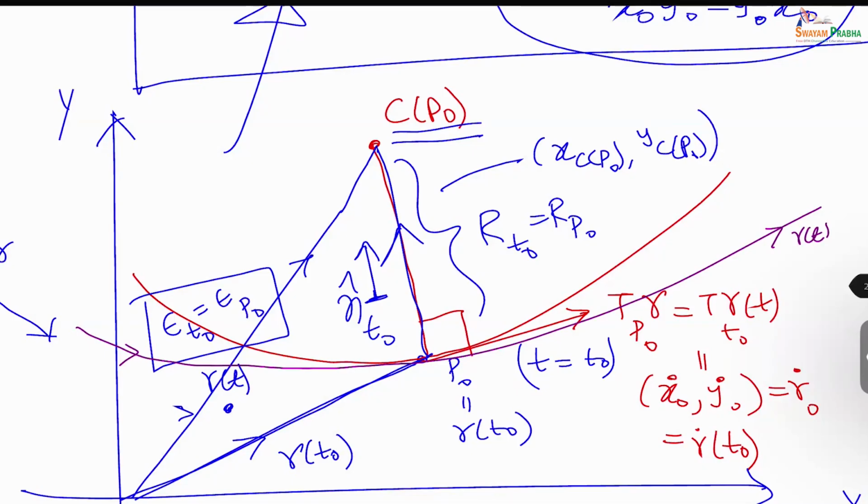And so basically what we have done is we have got this point, which is the center of curvature of the curve for the given point p naught on the curve, which corresponds to t equal to t naught. That means p naught is gamma of t naught, okay.